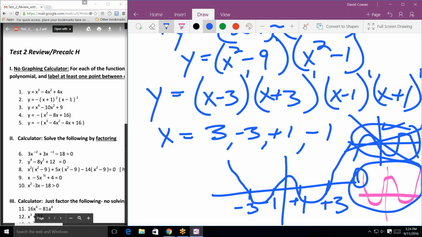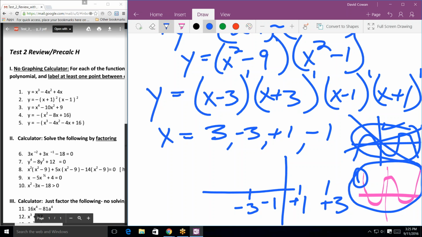When they are an even power, it kisses the x-axis. Every one of these is an odd power, so I know that at this point it's got to go through the axis. Same thing there, same thing there, same thing there. I know it has at most 3 local minimums and maximums. So the graph that I've drawn looks pretty good. That should be it.